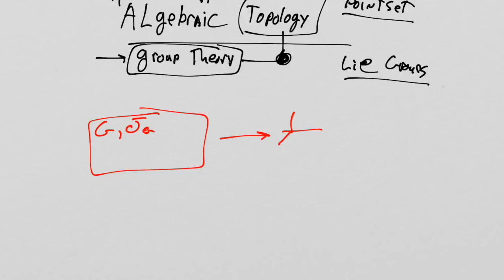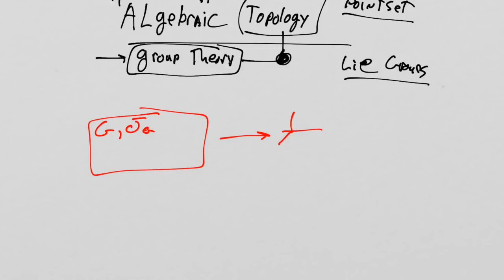In other words, we had a group so rich that it had an infinite number of elements and a topological structure that was correct to make it a manifold. We're studying groups that are manifolds. And it seems that the underlying topological space happens to have a group structure.